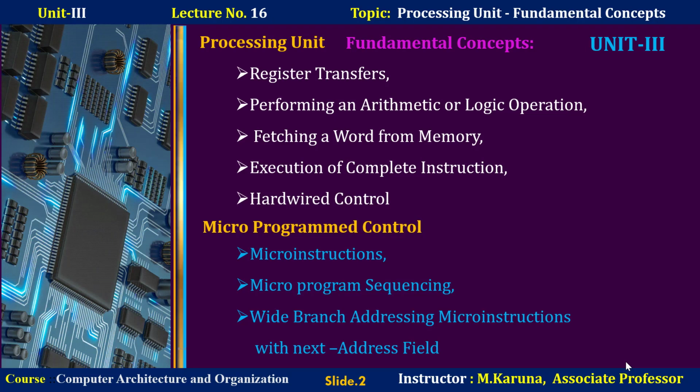We also saw how the processor fetches a word from memory and what control signals are required to execute one instruction. To coordinate all the actions, the control signals are generated with the help of hardware control. We saw that last class. In this video we will concentrate on microprogrammed organization.